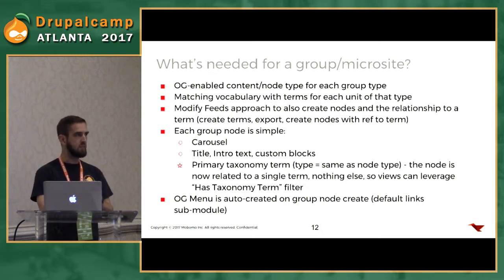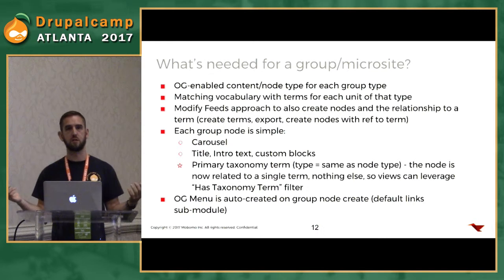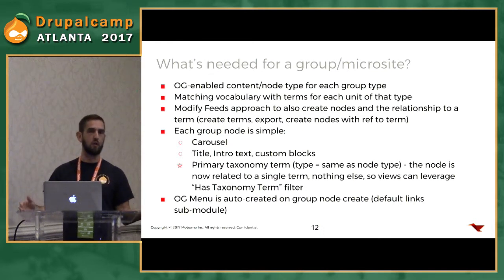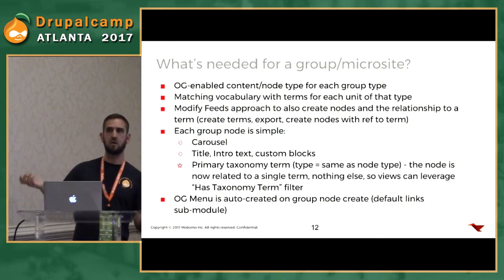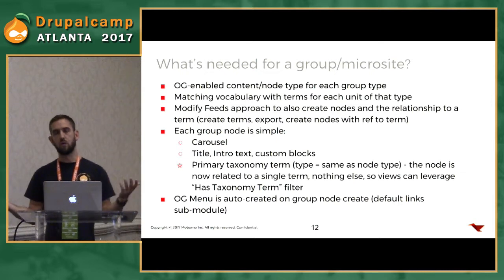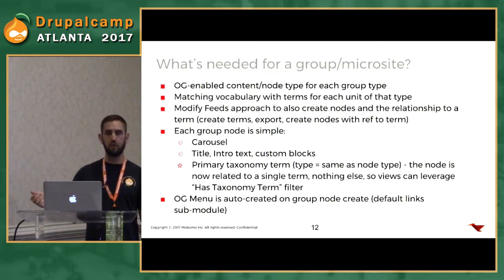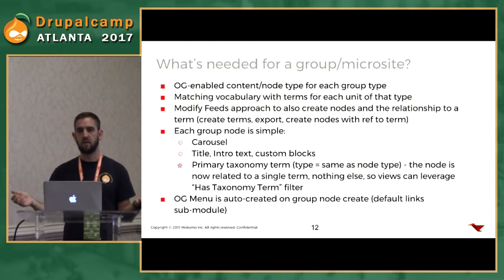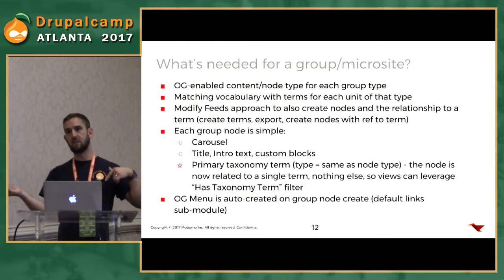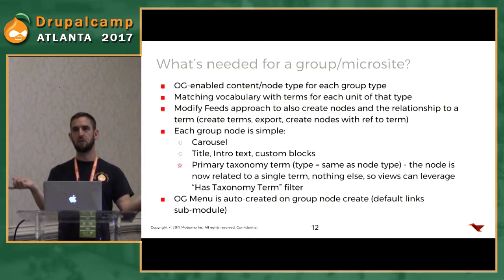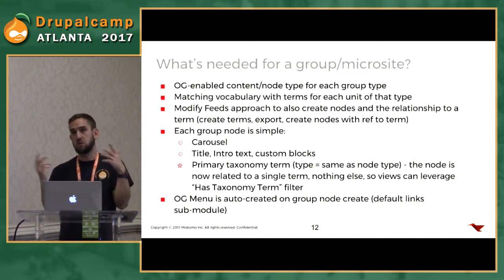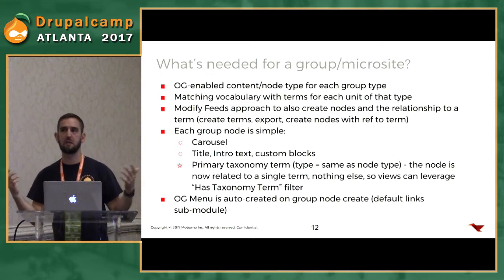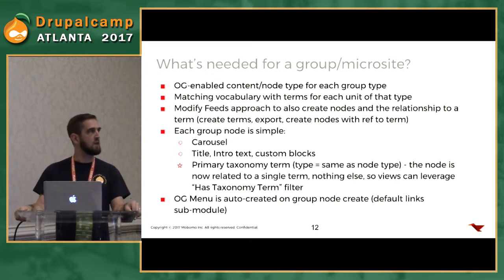So essentially you've got this one-to-one relationship of cost center node and a cost center term. So the node has a field on it that says primary term cost center, and then on the term it has a home page node. So they sort of talk to each other, or at least they're aware of each other in that way. Look at it that way.